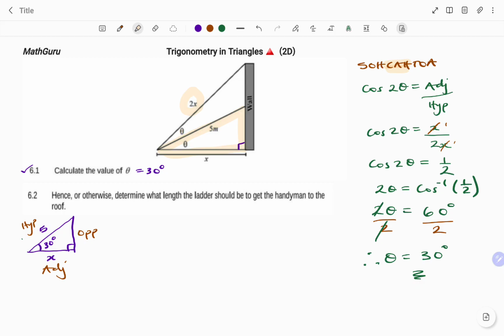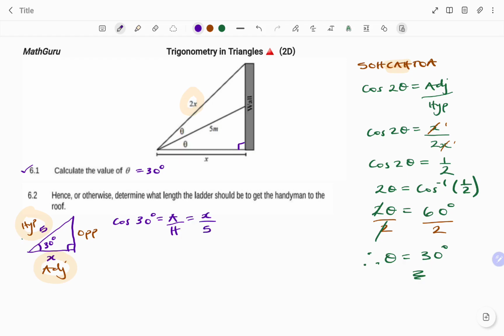Because I know my adjacent and hypotenuse, I'm going to use my cosine. So I have cos theta, which is 30 degrees in this case, equals adjacent over hypotenuse, and that here is x over 5.